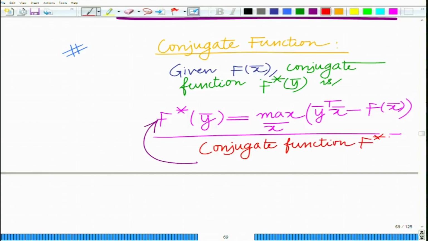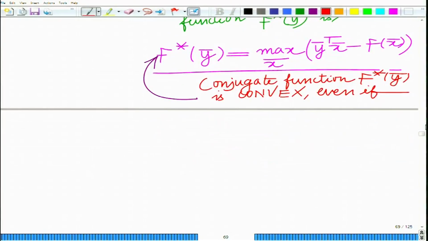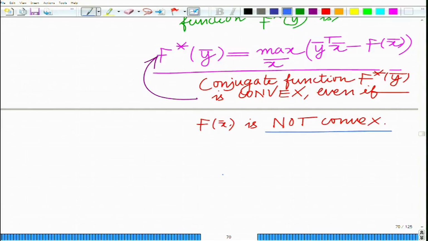So, corresponding to every function, any function f of x bar, convex or non-convex, one can construct an associated convex function, which is a conjugate function, and that is very easy to see.